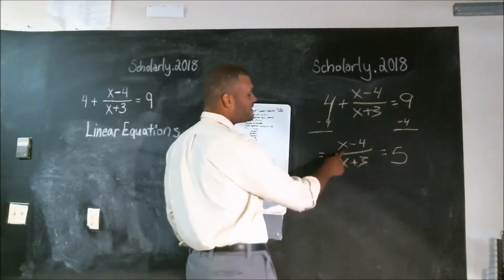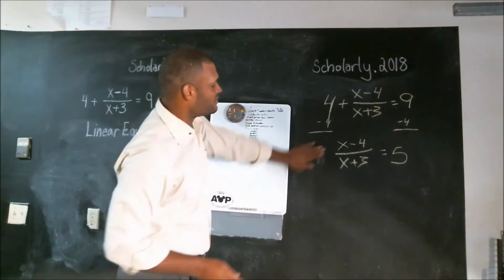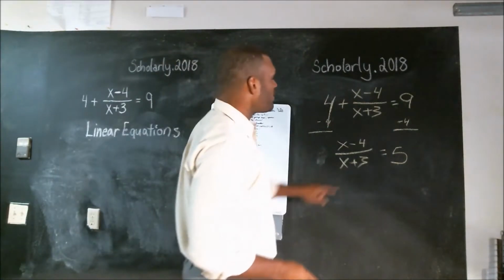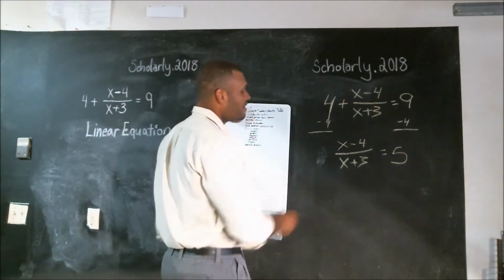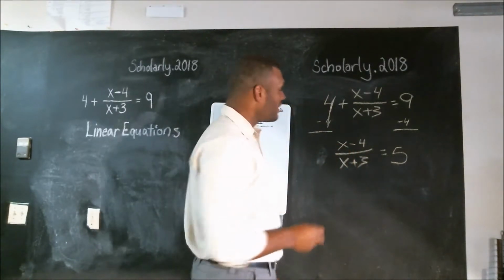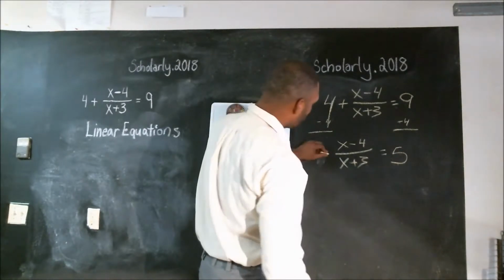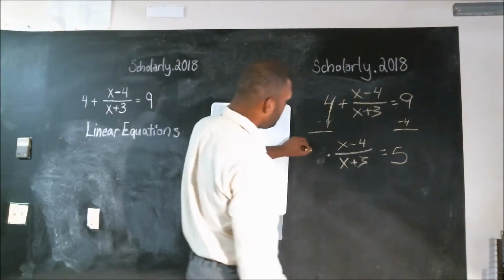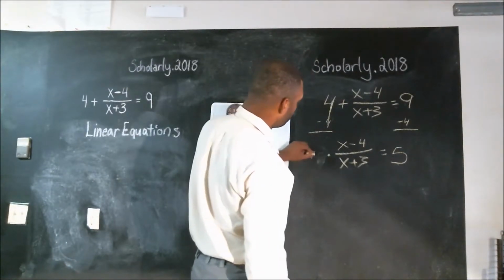Now the next thing I need to do here, let me move this equal sign out of the way. We need that room. What we see here is in our denominator, we want to get rid of this denominator so that we can isolate that x minus 4. The way to do this is we multiply this whole fraction by x plus 3.